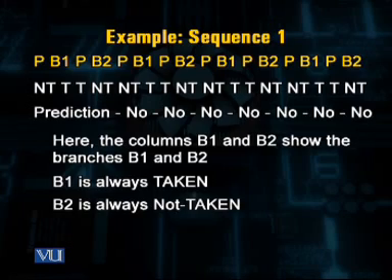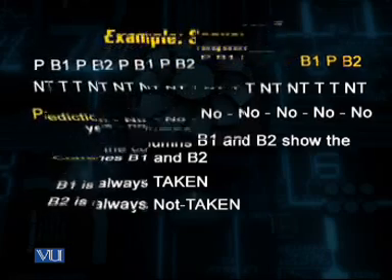So in this table you can see that when B1 and B2 are always taken and not taken and they are interleaved, if each had a separate 1-bit predictor, each would have predicted correctly after the initial misprediction. But when they use the same predictor, the predictor bit changes its state, therefore the overall accuracy reduces to 0%.